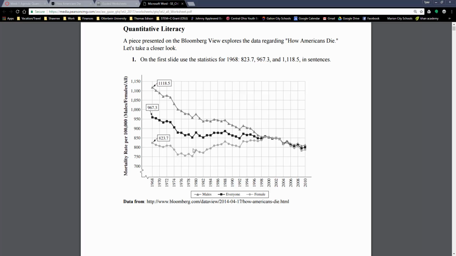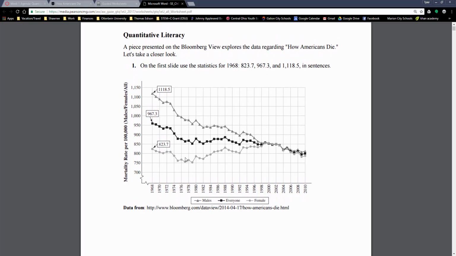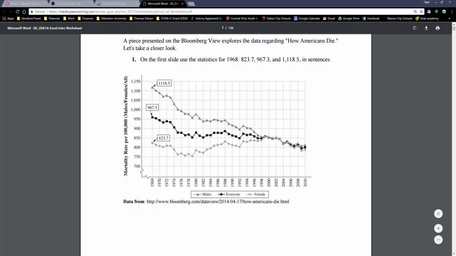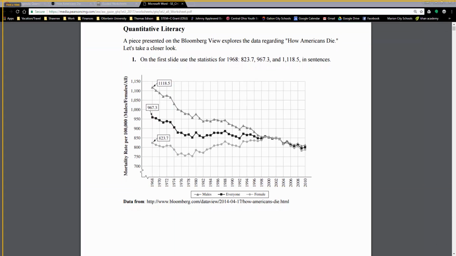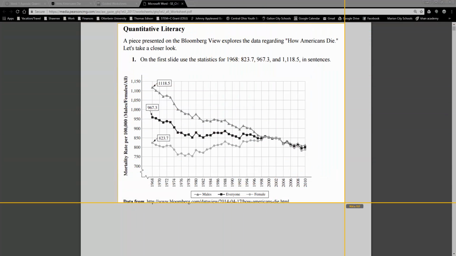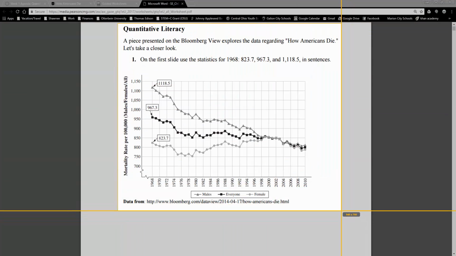The squares are everyone in the population, and the circles are females. We're asked to use these three numbers in a sentence. Let me grab a screenshot of this and pull it into a Word file so it'll be easy for me to type.